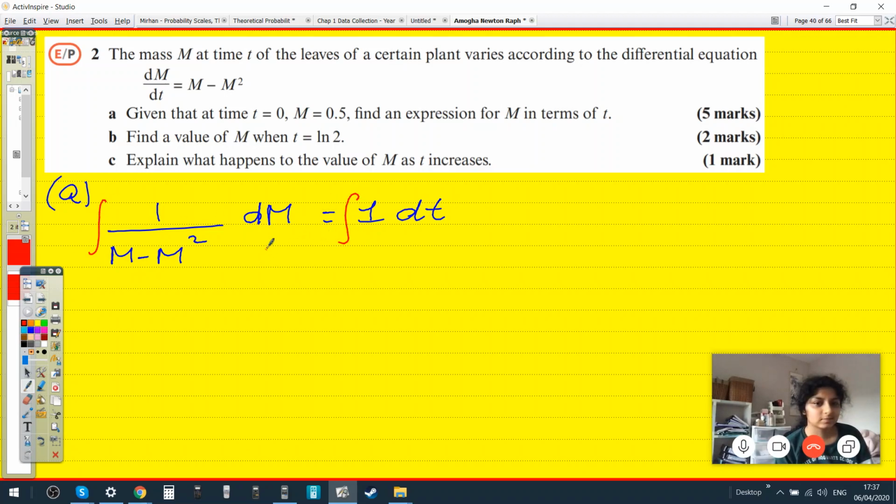I believe the easiest way would be to do partial fractions. Oh, okay. That's true. Because then you'd have 1 over m minus 1, 1 minus m, I believe. Oh, wait, you do know m is 0.5. Okay.